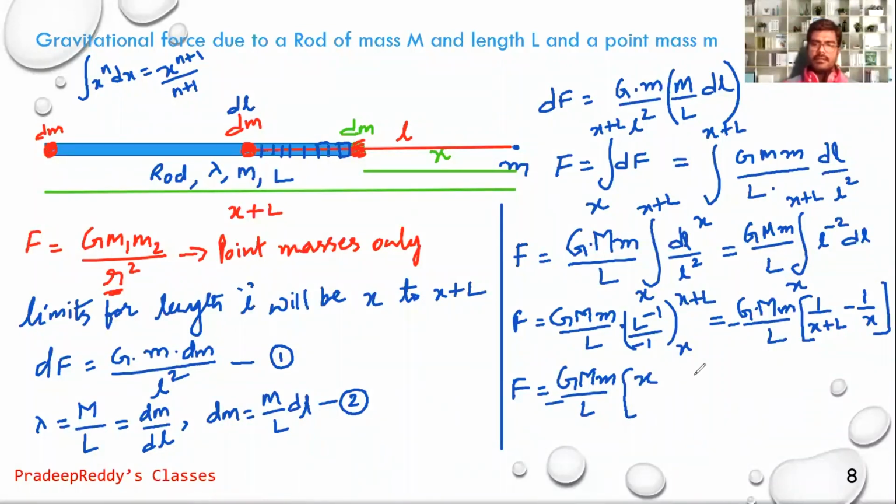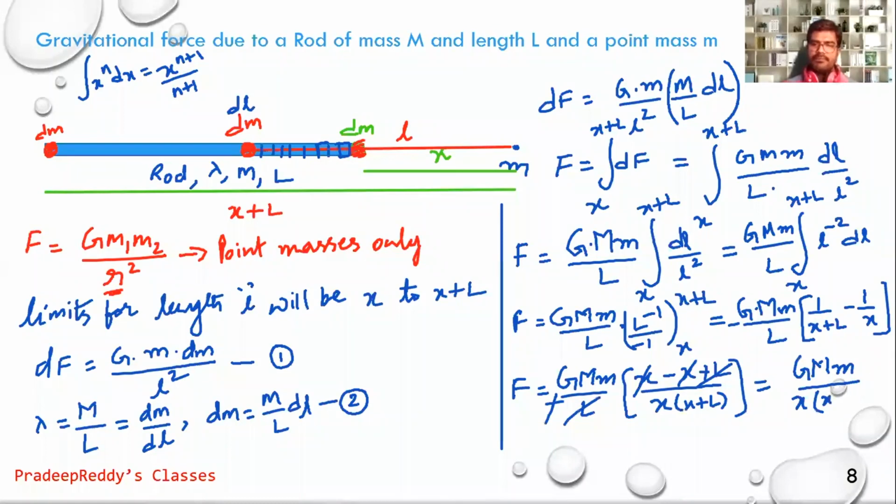It is x minus capital L divided by x into x plus capital L. This plus x minus x gets cancelled. This minus gets cancelled. L and L get cancelled. What is left over here? Capital G, capital M, small m divided by x into x plus L.